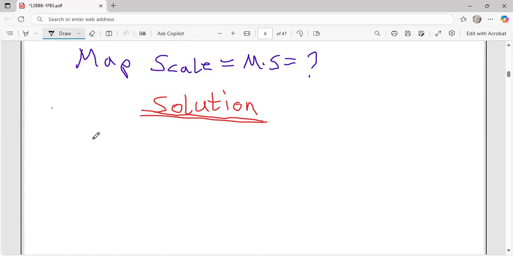Before anything, we said that our map scale is equal to what? Our map distance over our actual distance.